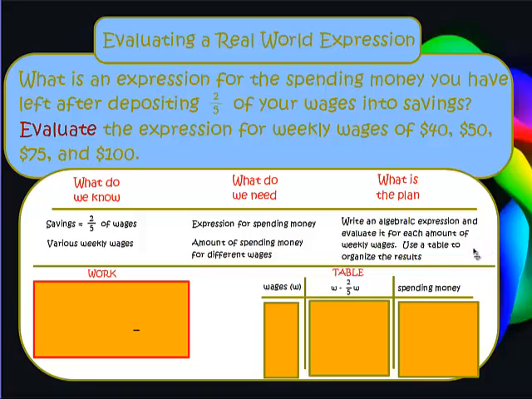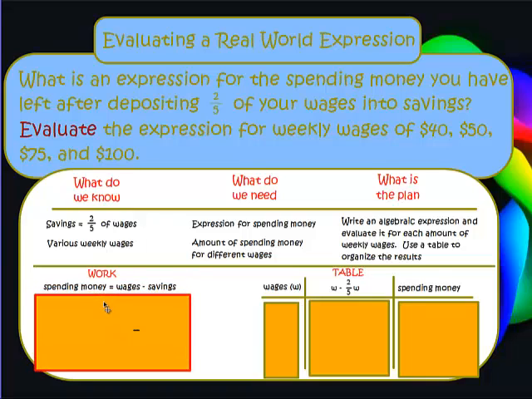Down here, we're going to use this table to try and organize our results. Tables are a great way to visually organize what's going on. But before we can organize anything, there are some things we need to figure out. First of all, we have to realize our spending money is going to be the wages that we've made minus whatever I put into savings.